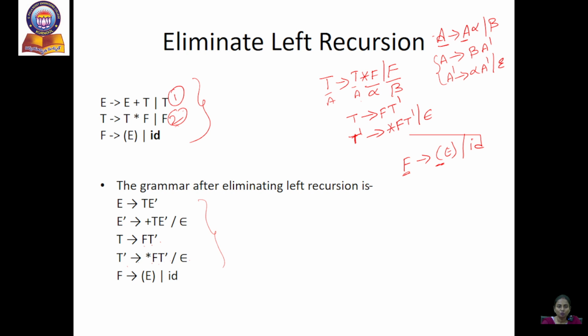The grammar should not consist of ambiguity, should not consist of left recursion, and should not consist of left factoring. Only then can we use that grammar for the application of any top-down approach methods. So this is the example for the removal of left recursion.